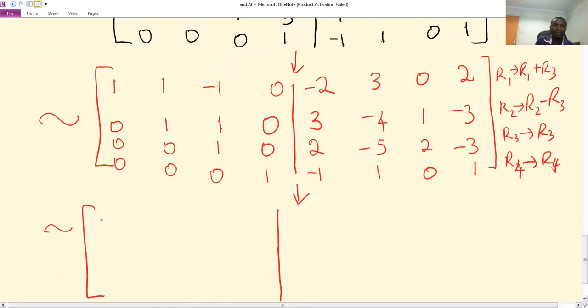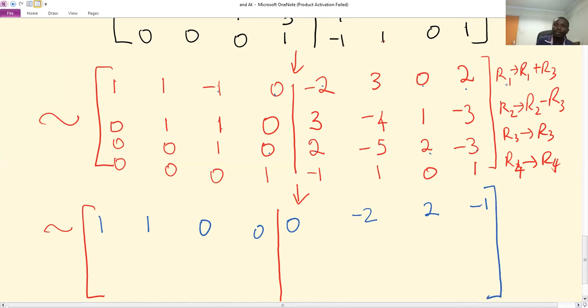So 1 plus 0 is 1, 1 plus 0 is 1, minus 1 plus 1 is 0, 0 plus 0 is 0, minus 2 plus 2 is 0, and then 3 plus minus 5 is minus 2, 0 plus 2 is 2, 2 plus minus 3 is minus 1. That's what we have.